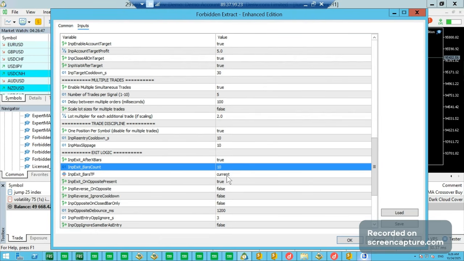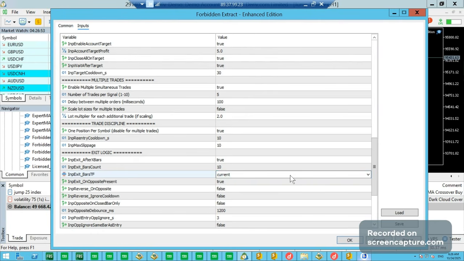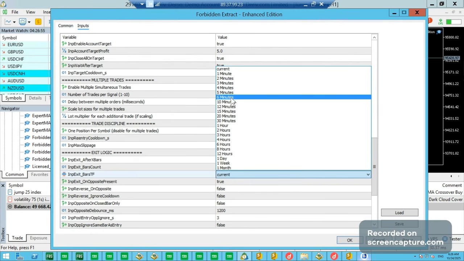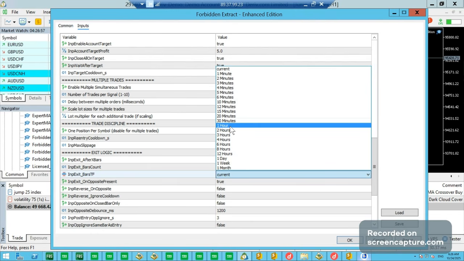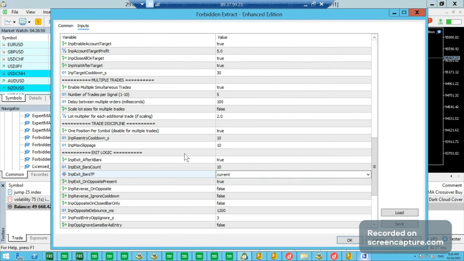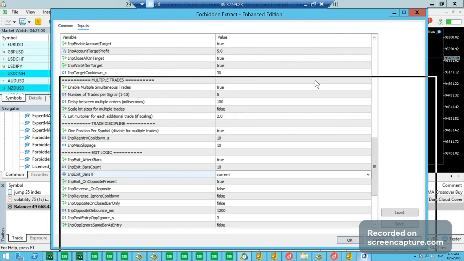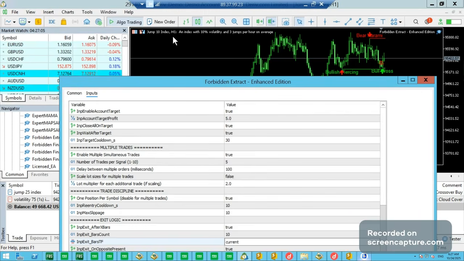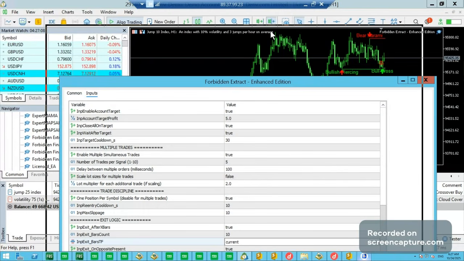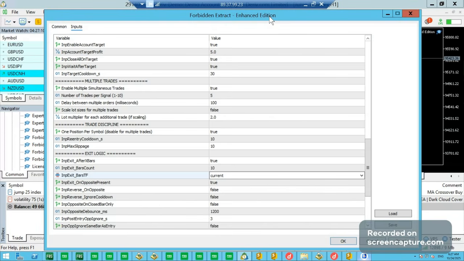Now, if you are using 1 hour, you can leave it as current, or you can decide to be specific and pick that 1 hour. But if you are using current, the current chart time frame I'm using like this, that is a 1 hour time frame, you can leave it as current, just the way we have it.